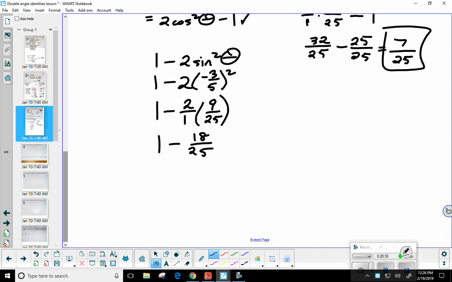Same situation we were in a moment ago. We need the denominator of 25. So 1 is 25 over 25, right? And what is 25 minus 18? It is 7. So I did get 7/25. See, it is completely your choice, whichever formula for cosine of 2 theta you like the best.